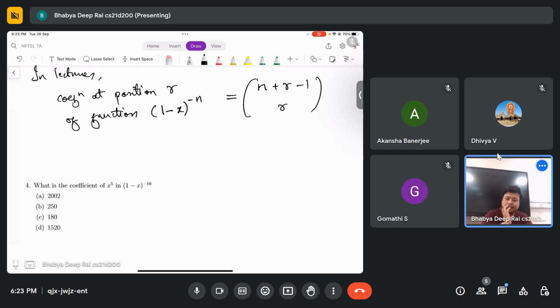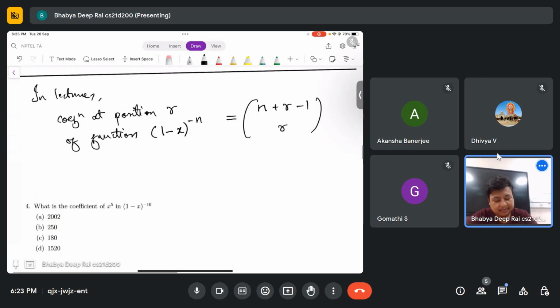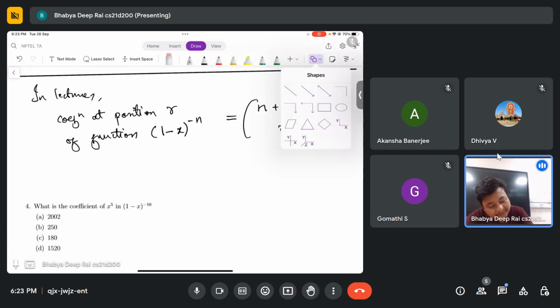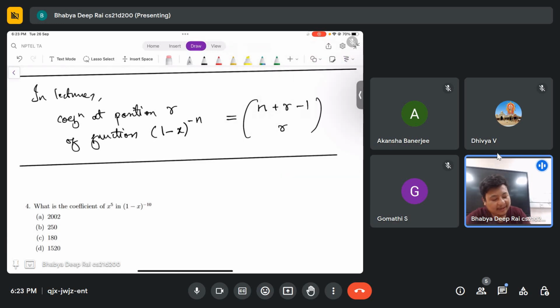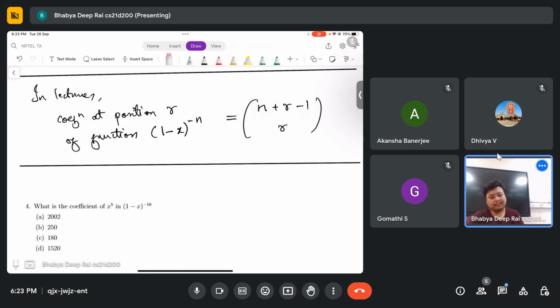So yeah, this is a very important formula which will apply a lot in the coming questions.